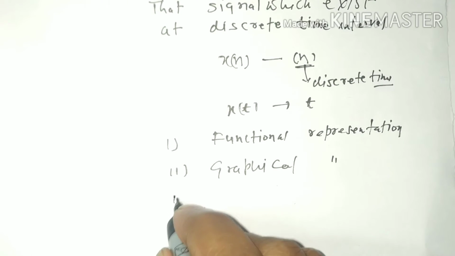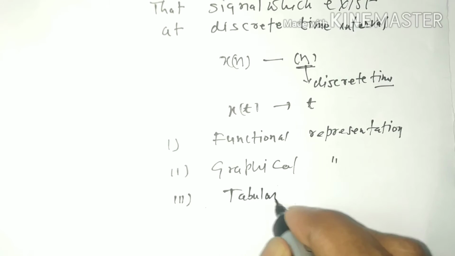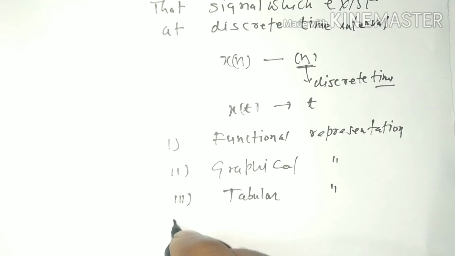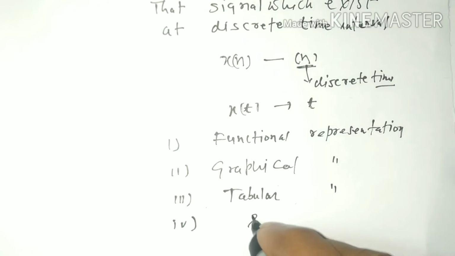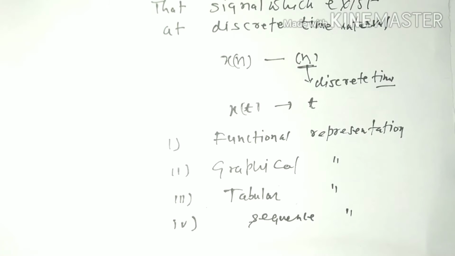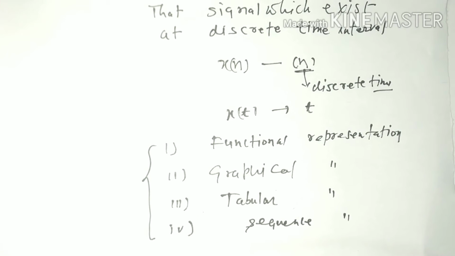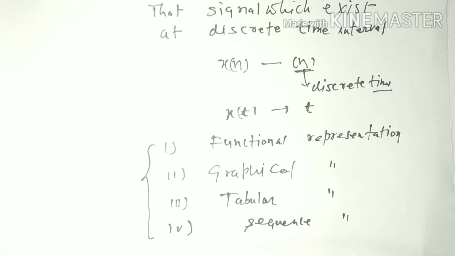Number three, tabular representation. And number four, sequence representation. A discrete signal can be represented by these four types, so we can discuss these four types separately.